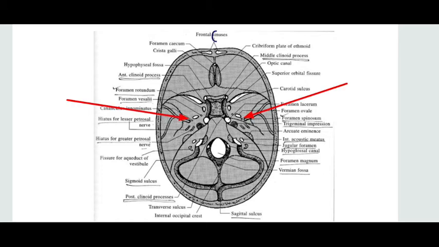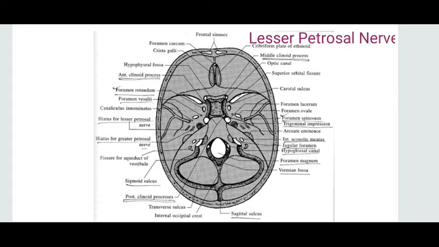When present, the canaliculus innominatus, which is also a very small foramen, transmits the lesser petrosal nerve instead of foramen ovale.